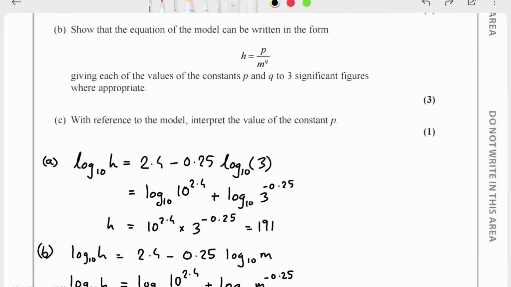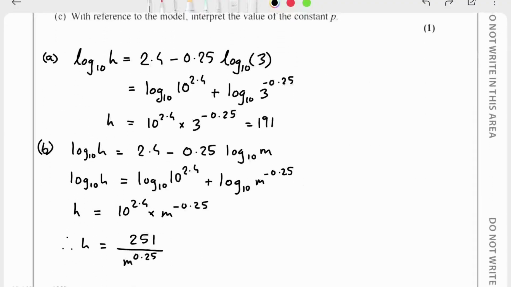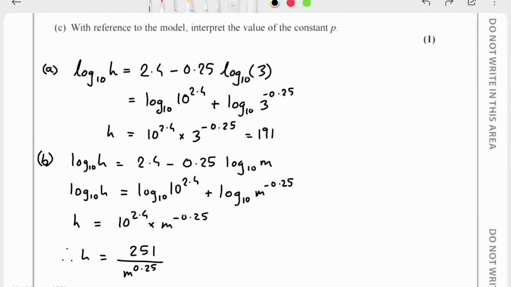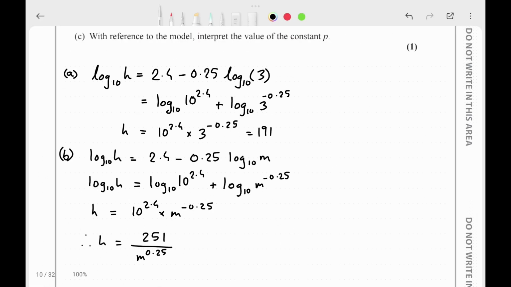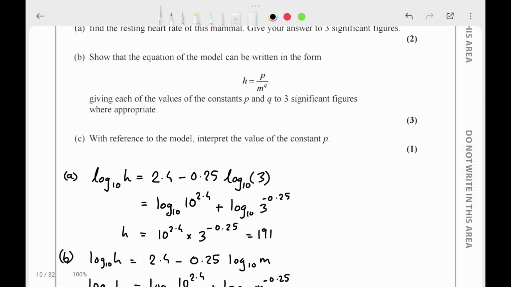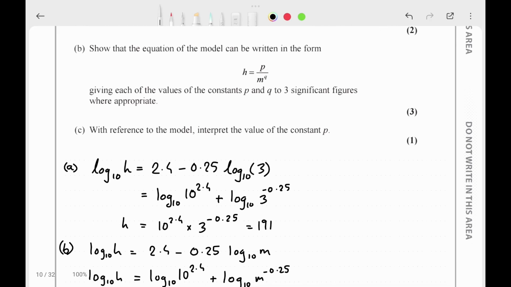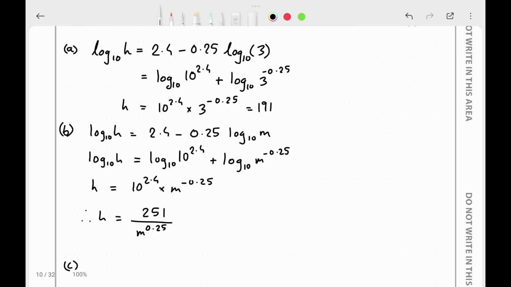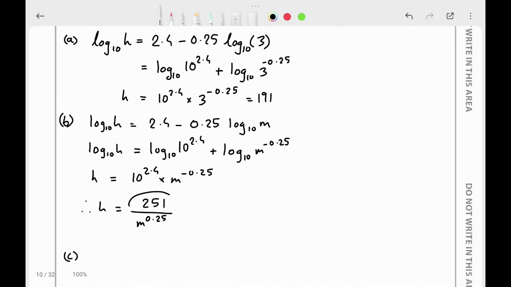So we are done with number B. Moving on to number C. With reference to the model, interpret the value of the constant P. So for part C, they're asking us to interpret the value for the constant P. So it's this value.